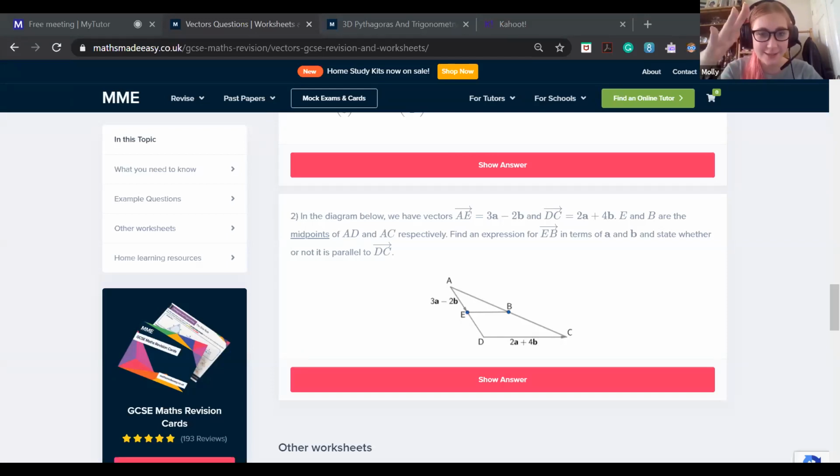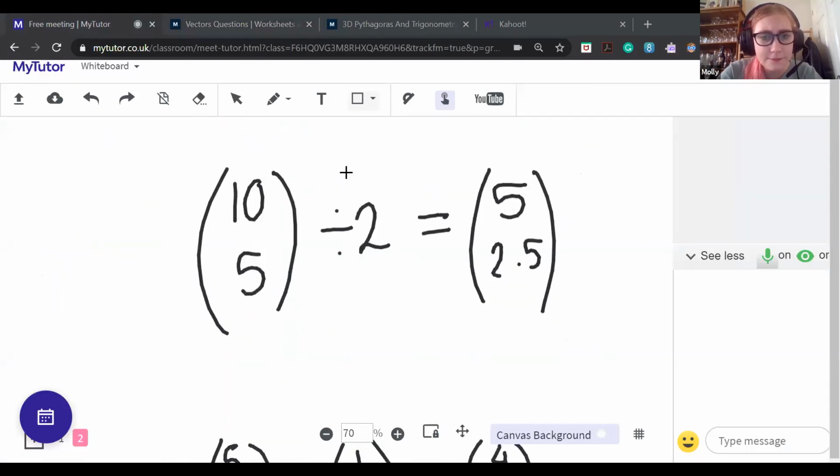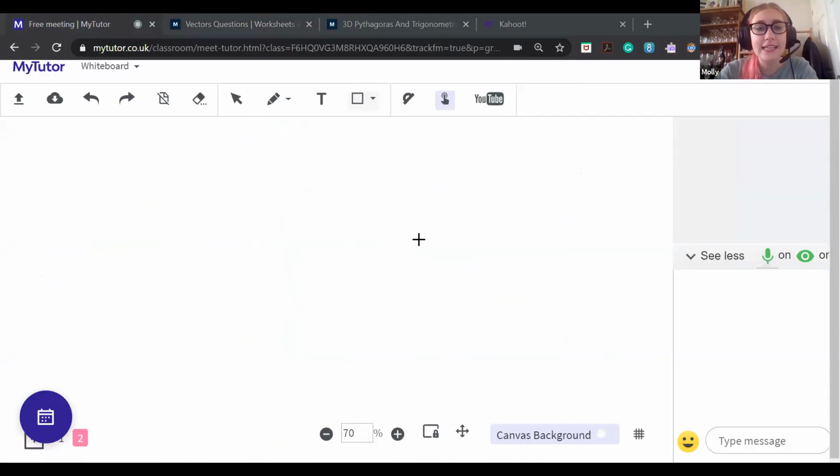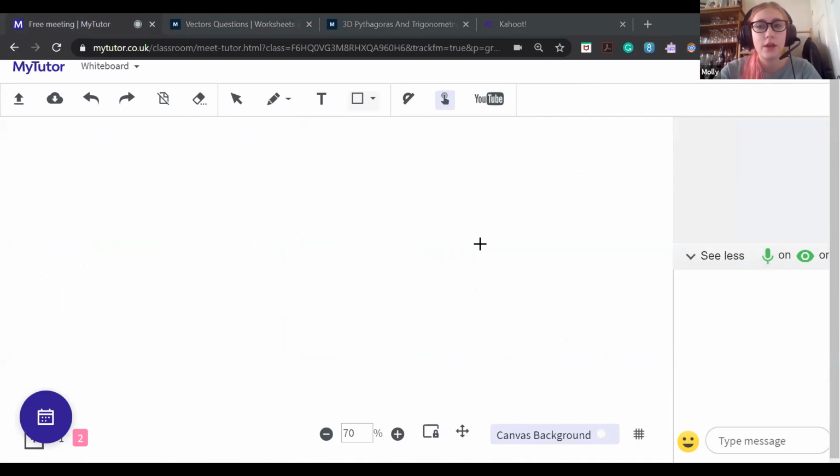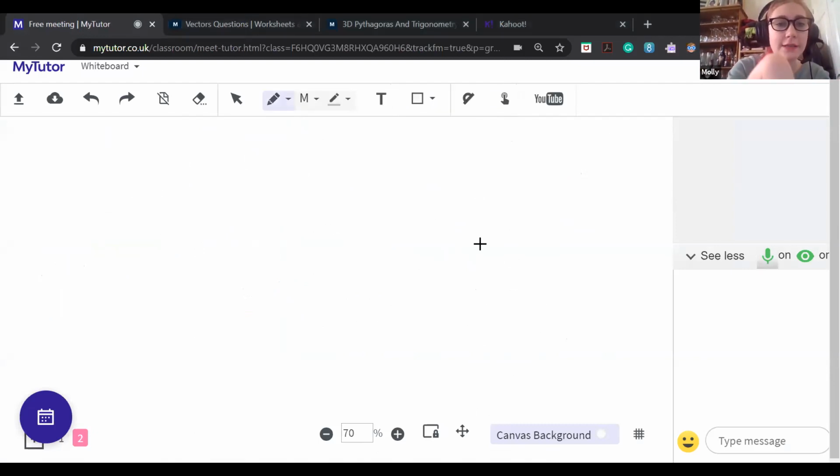Back to the actual topic, somebody's asked what grade is vectors. That's a good question. So I think questions like these, adding vectors and stuff like that, are grade 5-ish, I would say. So if you have something like this, let's give it a go as a question.